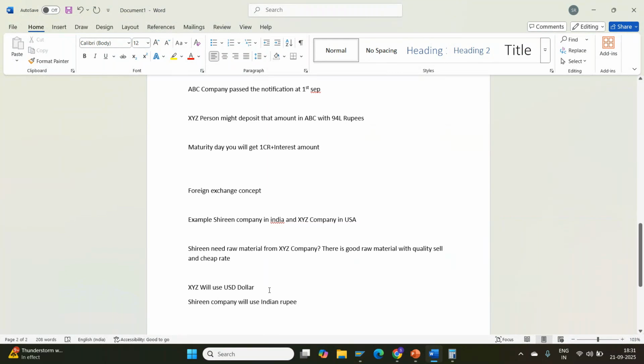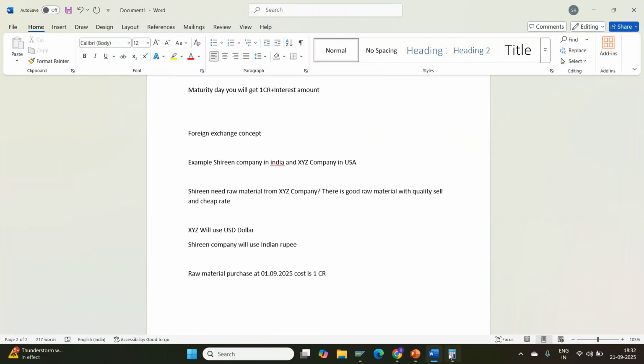Like, how will you purchase from the USD vendor XYZ company? We have to pay in foreign currency, right? INR to USD. For example, raw material purchase on 19 2025, cost is 1 CR.